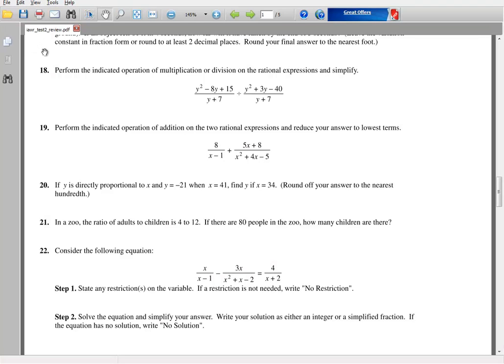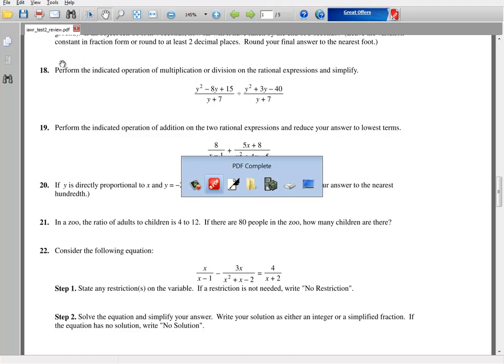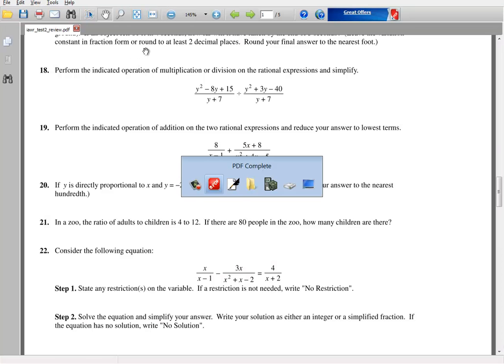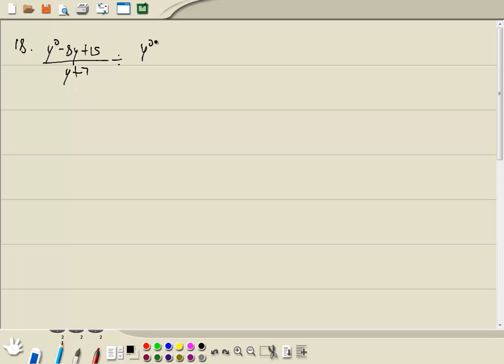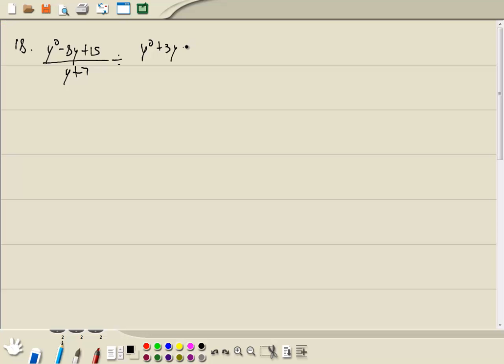We got y squared minus 8y plus 15 over y plus 7 divided by y squared plus 3y minus 40 over y plus 7.